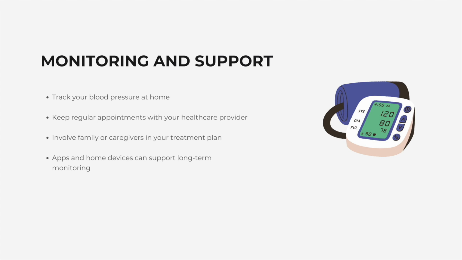Keeping regular appointments with your healthcare provider as well, as we just mentioned, to make sure medications and lifestyle factors are working effectively for you, along with involving family or caregivers in your treatment plan, can be very, very helpful in mitigating hypertension. There are also different apps and home devices that can support long-term monitoring and make sure you're on track with your diet, exercise, stress management, and medications, if applicable.